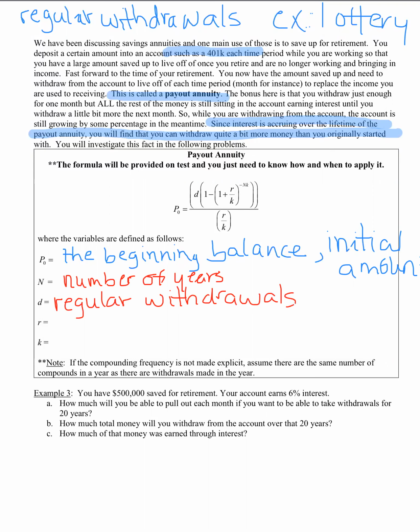And again, it's a payout annuity because you're taking out some type of regular withdrawal, usually monthly, but it depends. R is still your annual interest rate, and again, that's a decimal. And K is your compounding periods in a year.